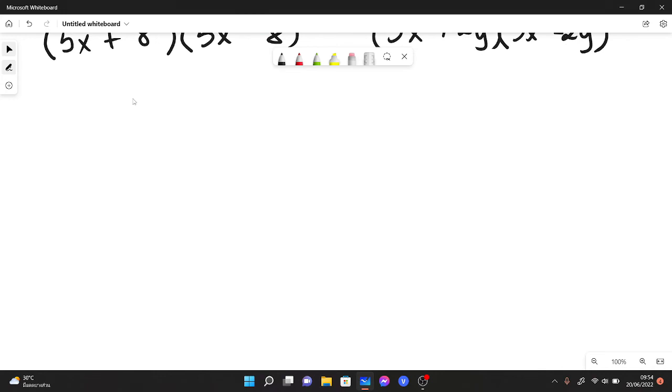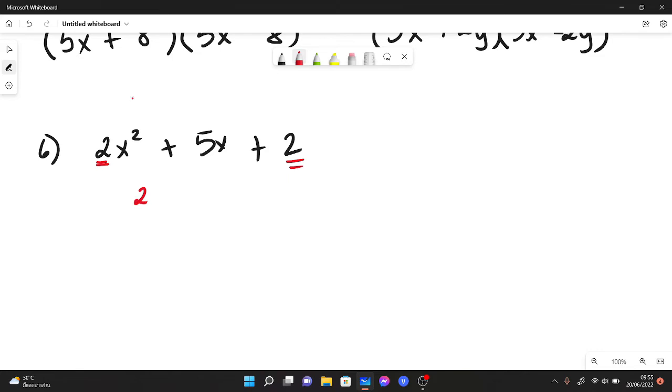Now, another kind of quadratic expression to be factored. For example, we have 2x squared plus 5x plus 2. First step, you have to multiply the numerical coefficient of the first term and the last term, or the constant number.